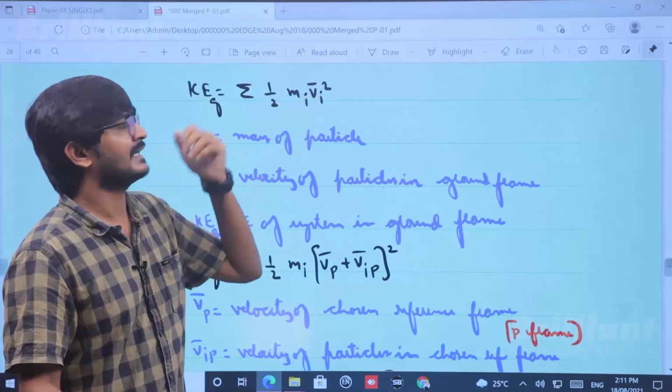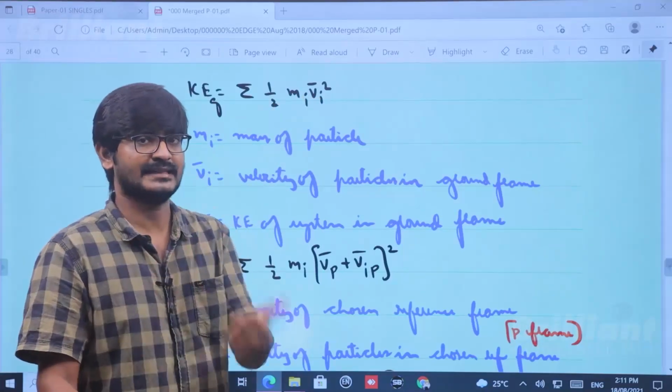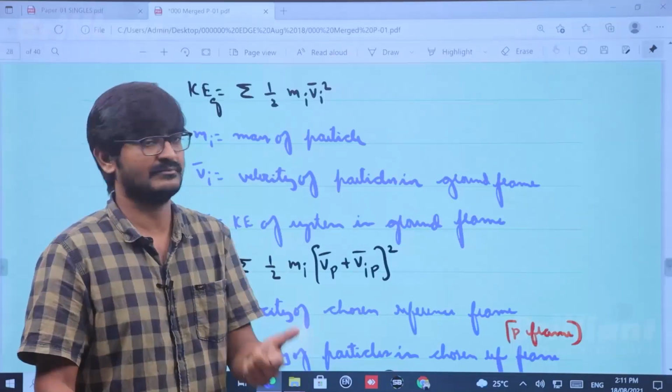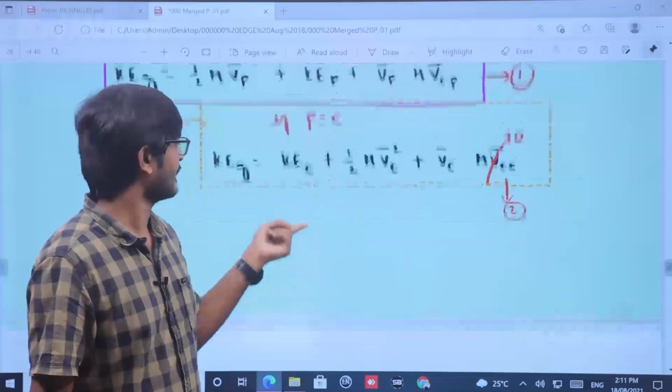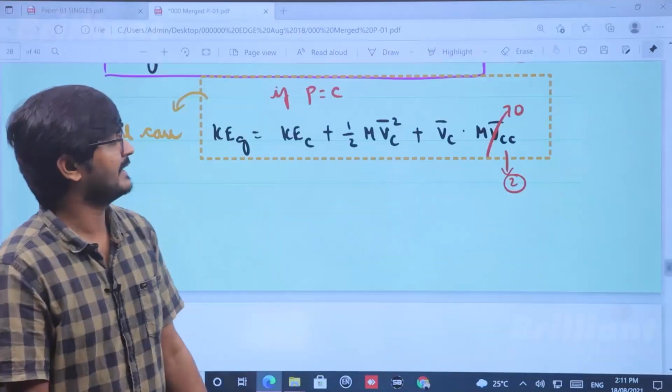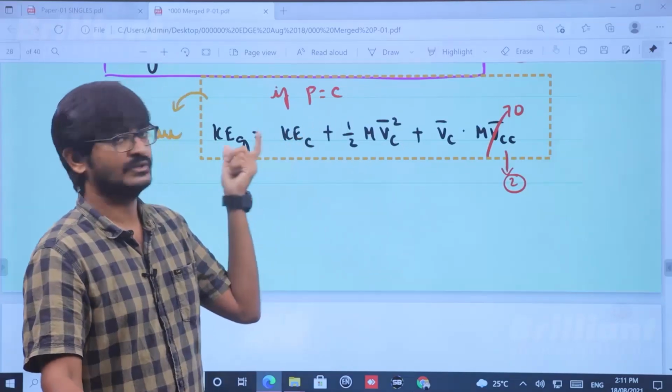Now, when you write a particle's velocity as velocity in the center of mass frame plus velocity of the center of mass, and expand it, you will end up with the result: kinetic energy of the system equals kinetic energy of the center of mass plus kinetic energy about the center of mass.